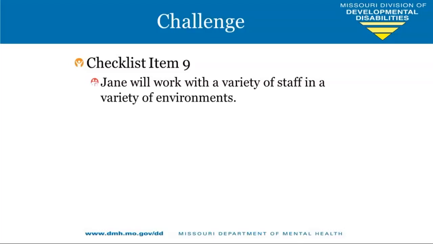This is often, and often has been, the line for generalization and maintenance: variety of staff and variety of environments.